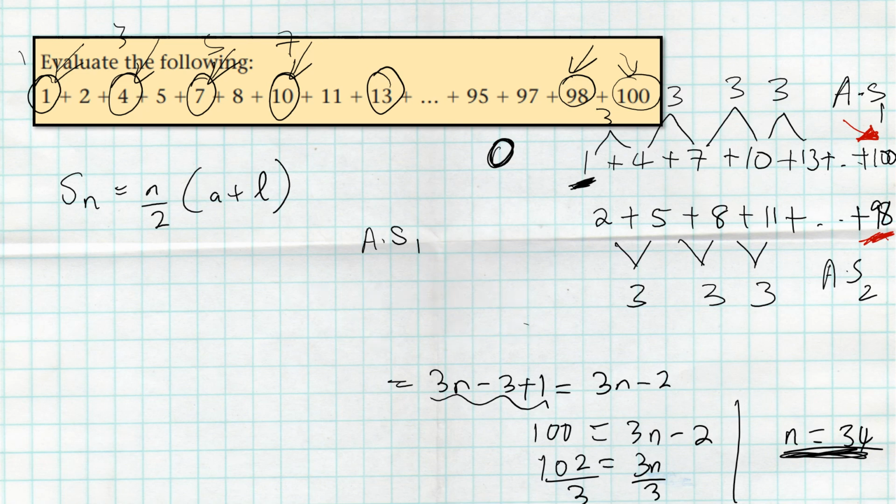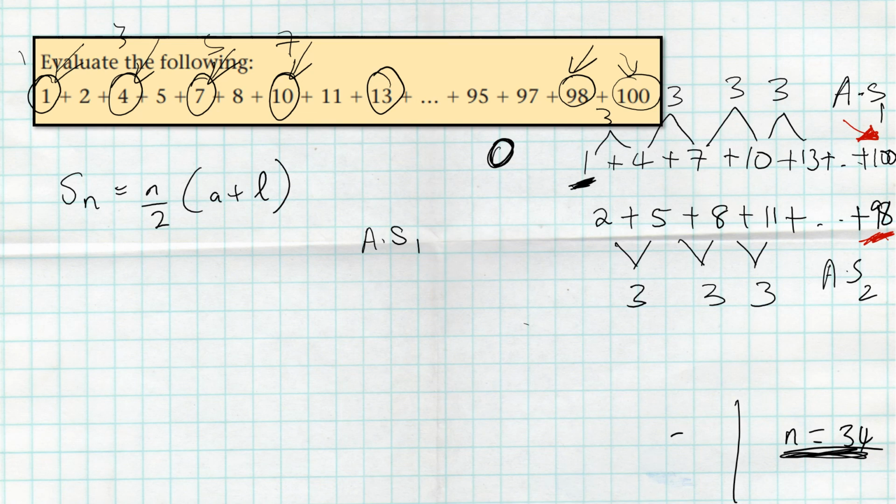We have also determined how many terms there are. If 100 is the last term, we have 34 terms in arithmetic sequence 1. So in arithmetic sequence 1, we have 34 terms being added together from 1 up until 100.